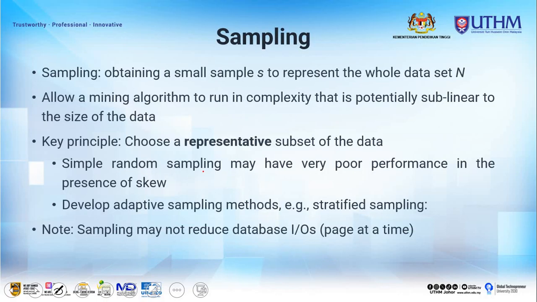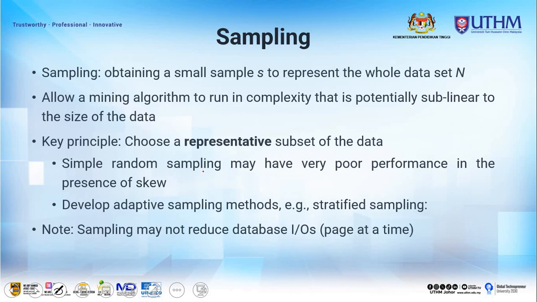Next is sampling. Okay, I guess if you learned statistics, you would have come across sampling techniques. But this one may be slightly different, or maybe very basic level. Sampling basically involves obtaining a small sample S that represents the whole data set N. Okay, why sample?